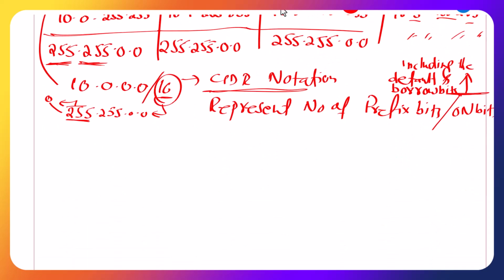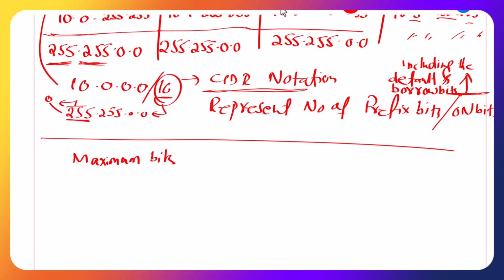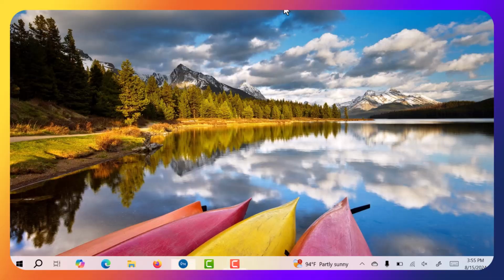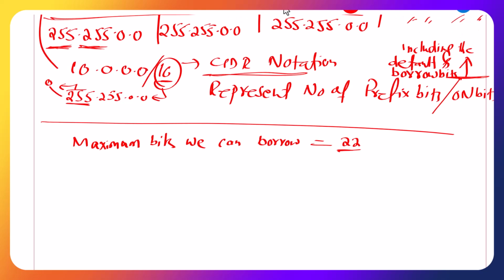Remember, in class A, the maximum bits we can borrow is 22. Okay, 22 means what? We have the first octet, second octet, third octet, and fourth octet.